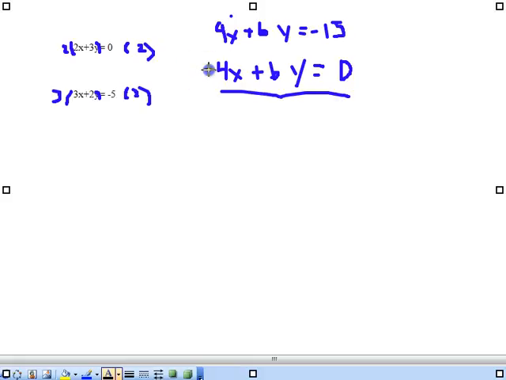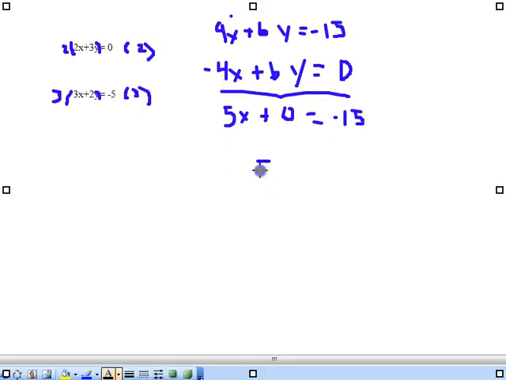Alright, so subtract: 9x minus 4x will be 5x. 6y minus 6y will be 0. And then -15 minus 0 is -15.